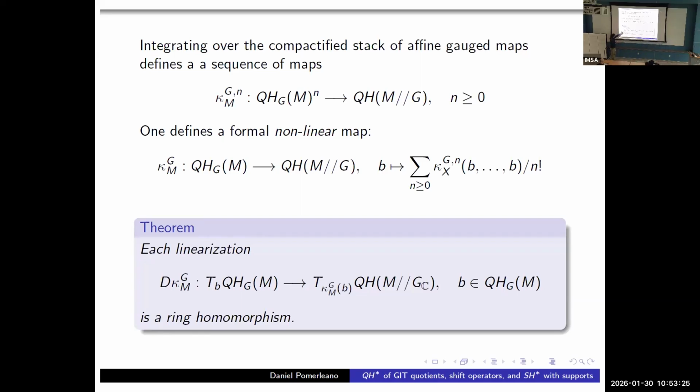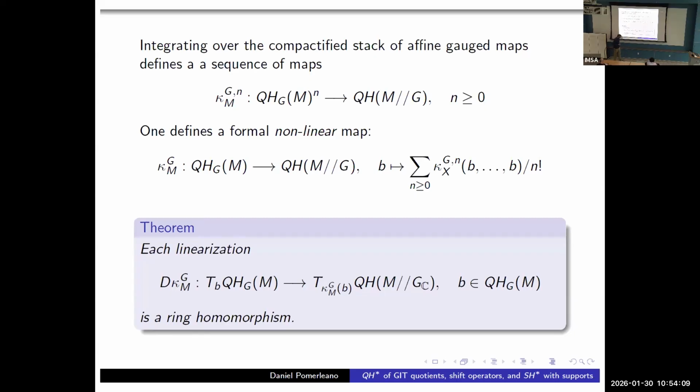So the outcome is a collection of maps. For any number of marked points, you can define maps from this equivariant quantum cohomology to the quantum cohomology of the quotient, and from these maps you can cook up a formal nonlinear map, by taking all these maps and doing something similar to the Mather-Cartan construction.